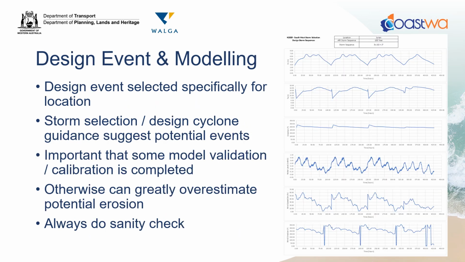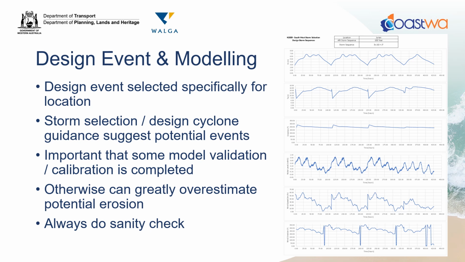So we've selected our representative profiles. We've got design events, and those design events have been selected specifically for our location. The storm selection paper or design cyclone guidance can suggest potential events for your location. And once we've got those, we'll set up our model and run that. It's really important that some model validation or calibration is completed, so we don't just throw this design storm into our model, spit out an answer and take that as gospel.